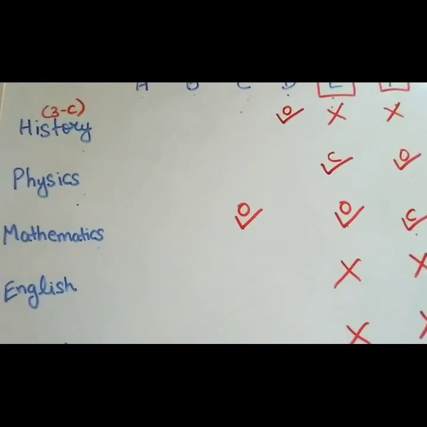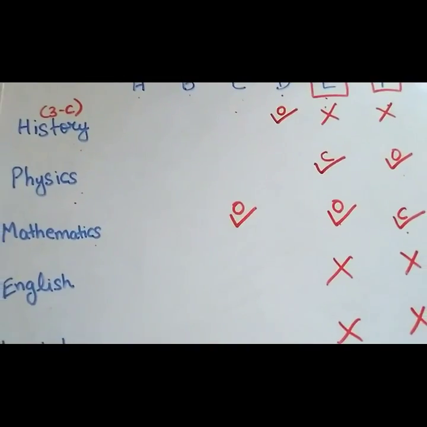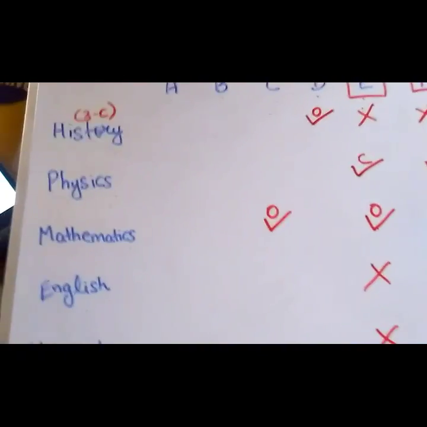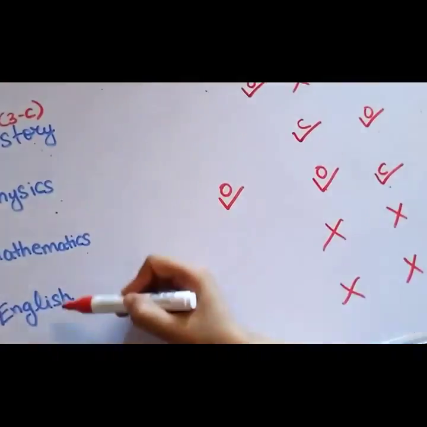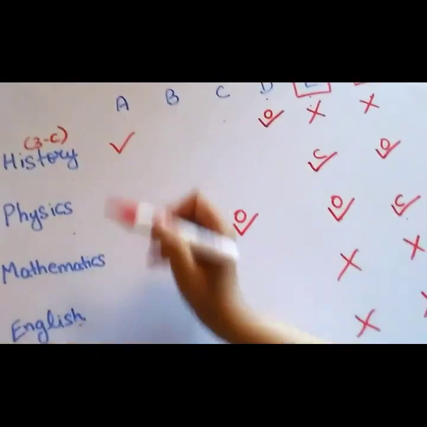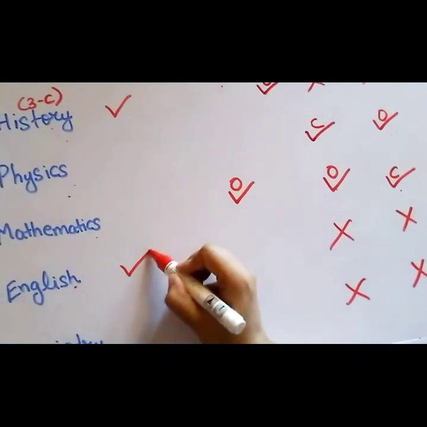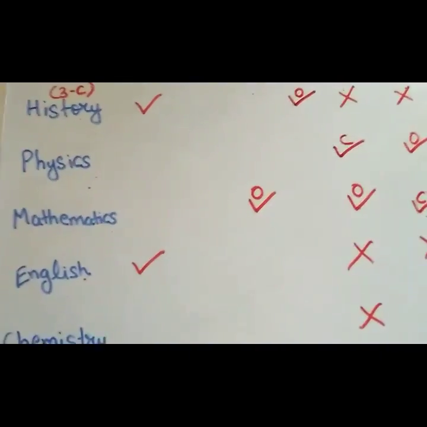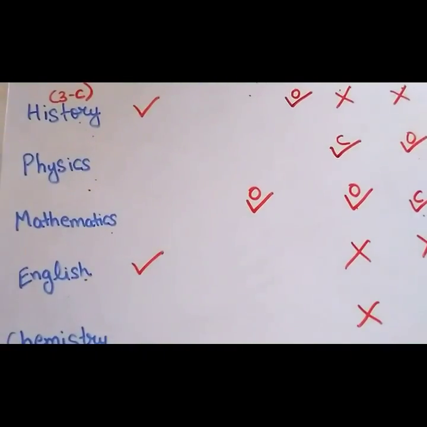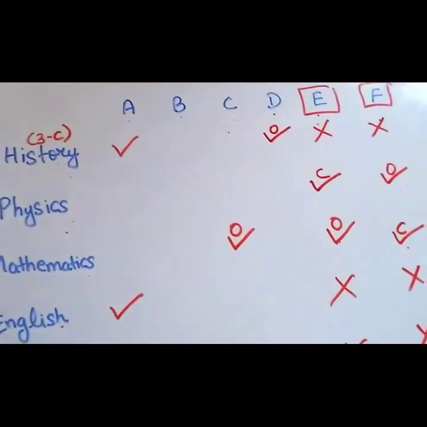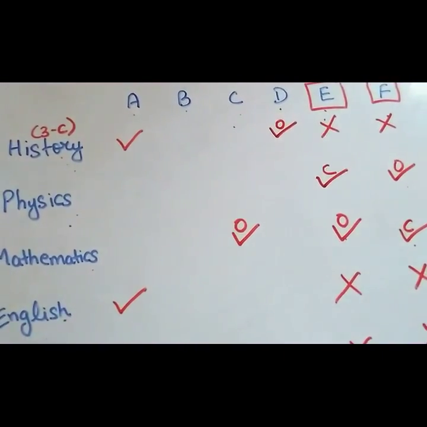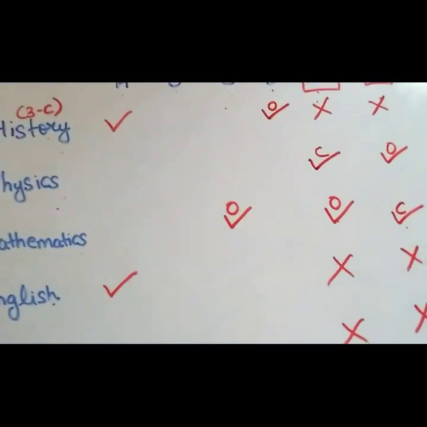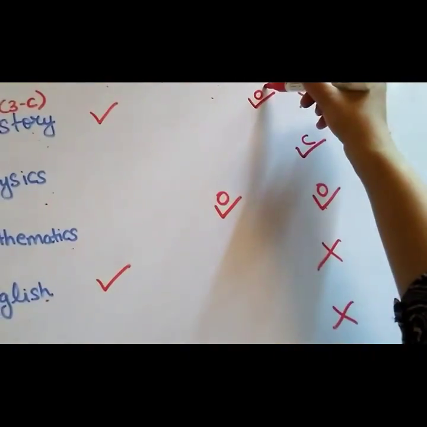Next statement. History and English are A's subjects, but we don't know which one is optional and which one is compulsory. But in terms of compulsory and optional, they are the reverse of D's.